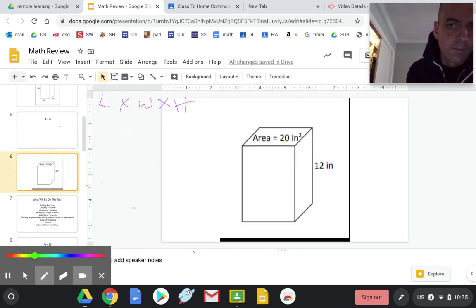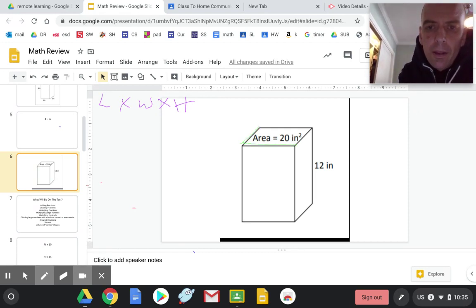Then we also looked at problems where we wanted to find the volume, but they already gave us the area. So to give us the area, they already knew the length and they already knew the width. So they don't tell us what the length and the width are, but they tell us the area.